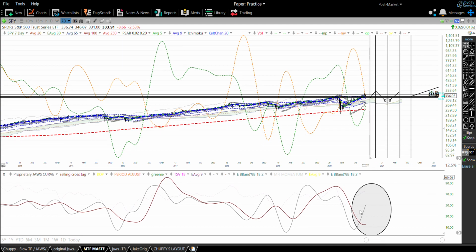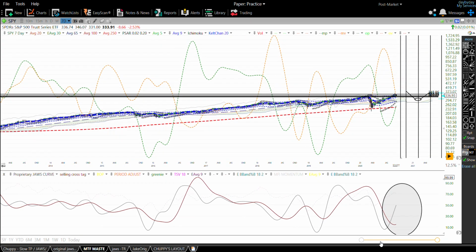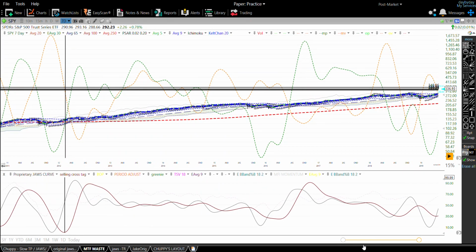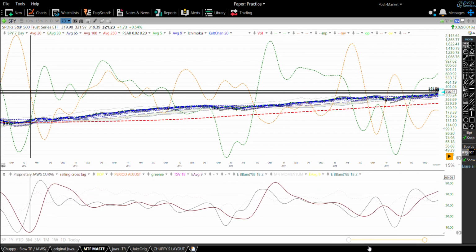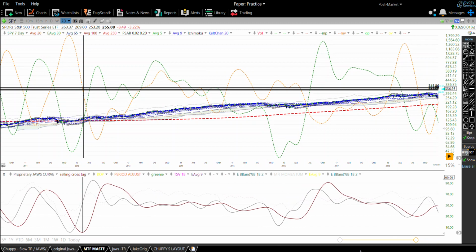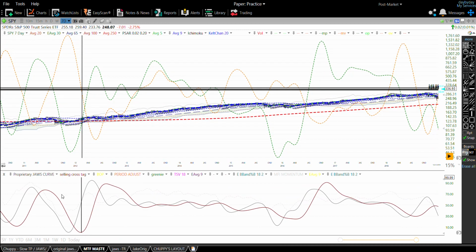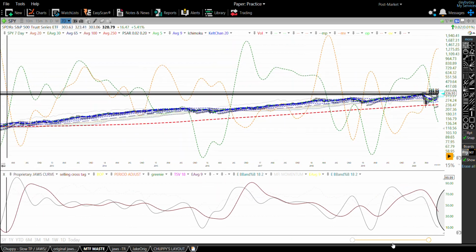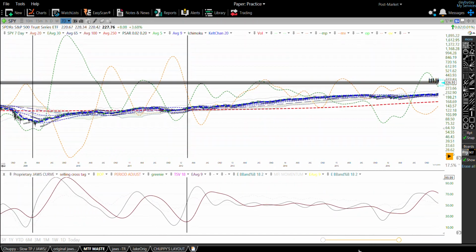So again, if we look at this with our eyes right here and start to scroll to the left, we've got a case like this, which looks like it's similar in terms of its morph.